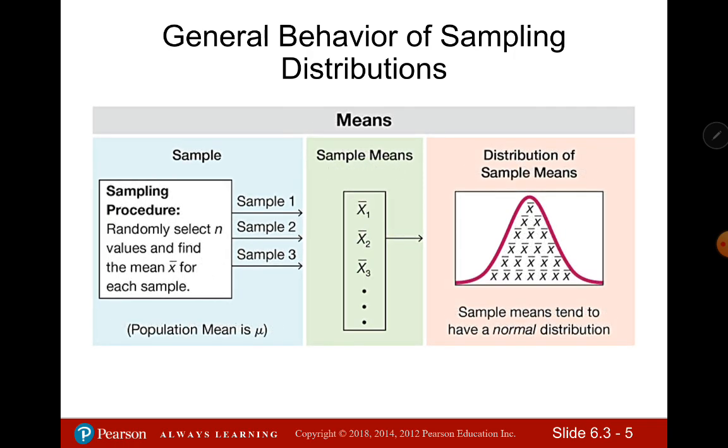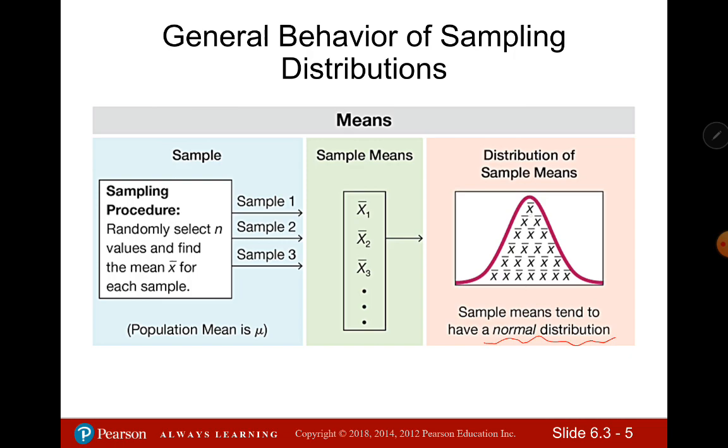The same thing is true if we have lots of samples, and each sample has an x bar. We can use all of the values to find the sample mean, right? If we have 100 samples, then we have 100 sample means, and all of the sample means also follow a normal distribution.